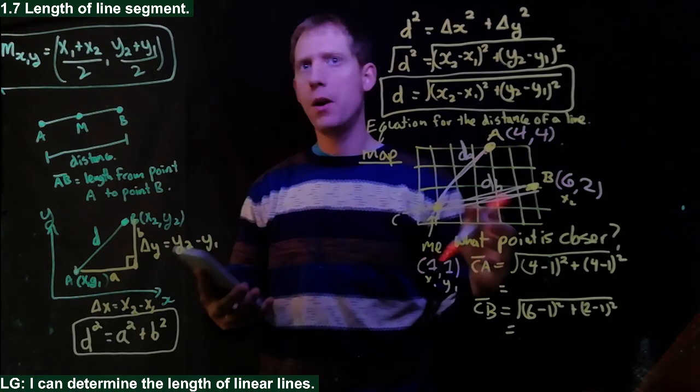So we get here 4.24. And this one we get 5.1. So which one is closer, A or B? Therefore, what point is closer, A or B?